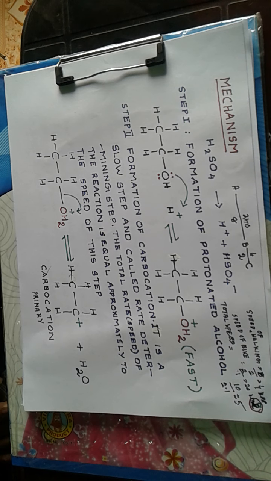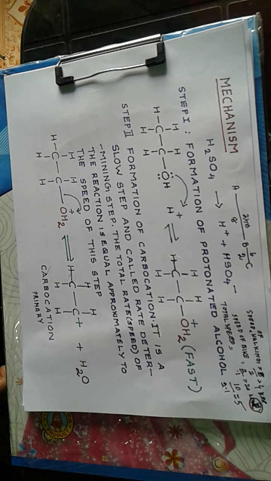But we are using concentrated sulfuric acid, a highly polar medium, and we are using a temperature of about 440 Kelvin. So at this high temperature and due to the high polarity of the medium, it may be possible, I am not sure, for this primary carbocation to be formed, or for the transition state leading to the primary carbocation to be formed, because the transition state leading to the formation of primary carbocation will be very high in free energy.